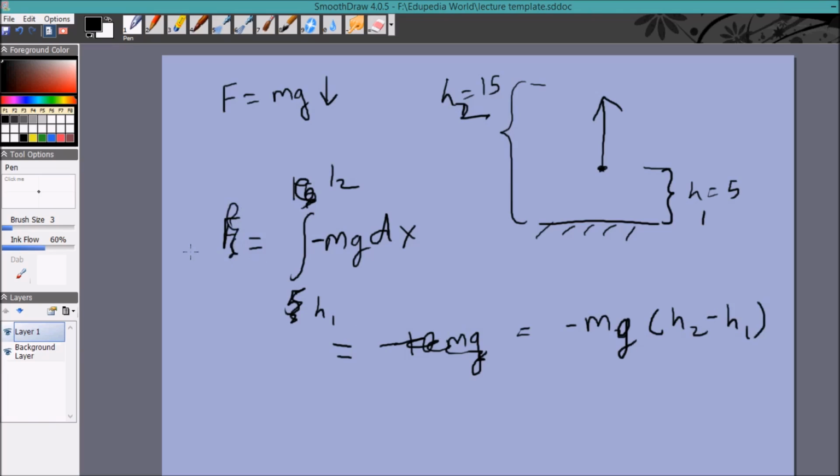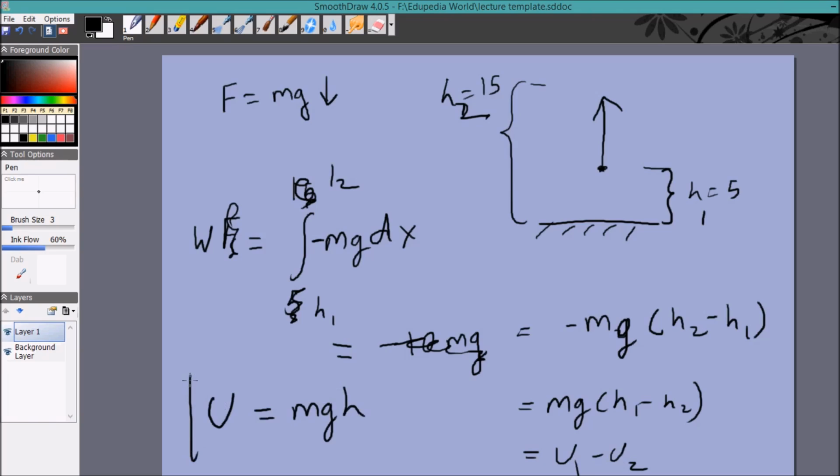I apologize, the work done is minus mg times h2 minus h1, which is equal to mg times h1 minus h2, which is equal to u1 minus u2. The work done by the internal force is equal to u1 minus u2, which gives me u equals mgh. This is the potential energy of the gravitational force.